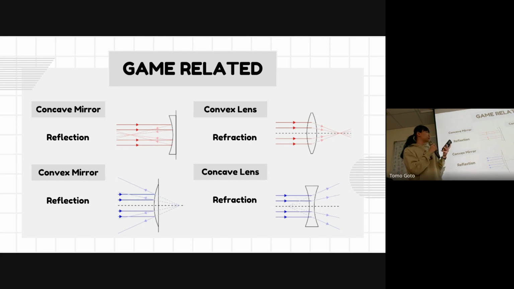It's the concave lens and it uses refraction. It can also scatter parallel rays of light, but also causes light rays to refract towards the central axis in the front.